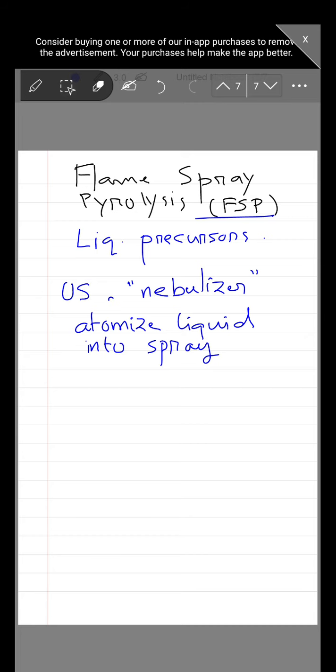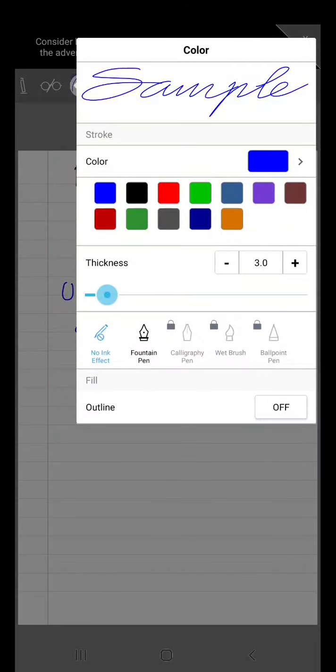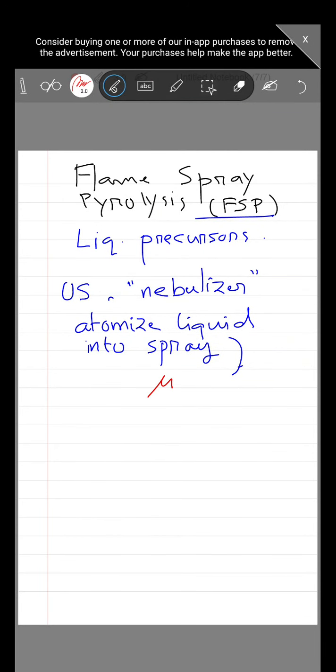So these liquids are in fact in micron or submicron range. So using this ultrasonic technique, it atomizes that, it actually reduces the droplet size. So that is the advantage of this technique.